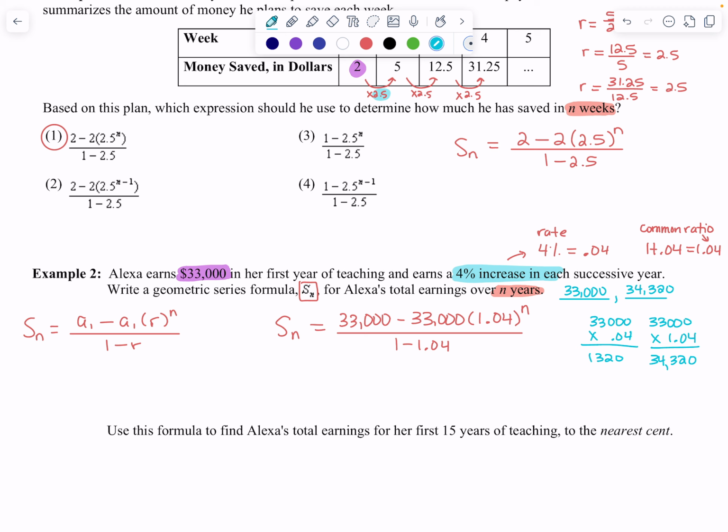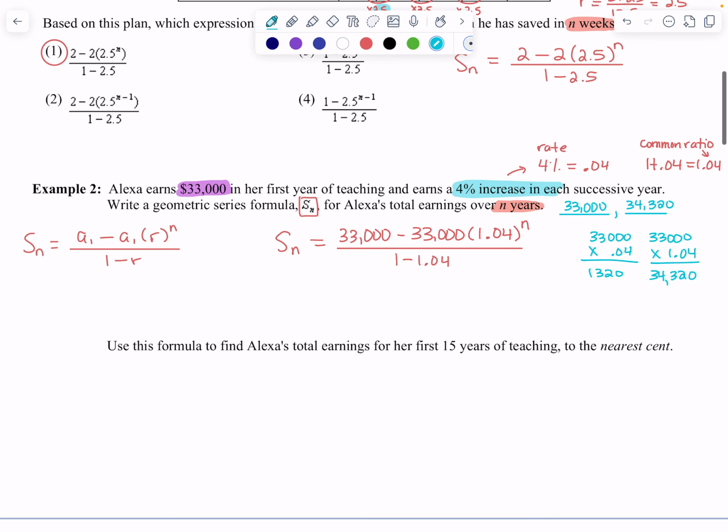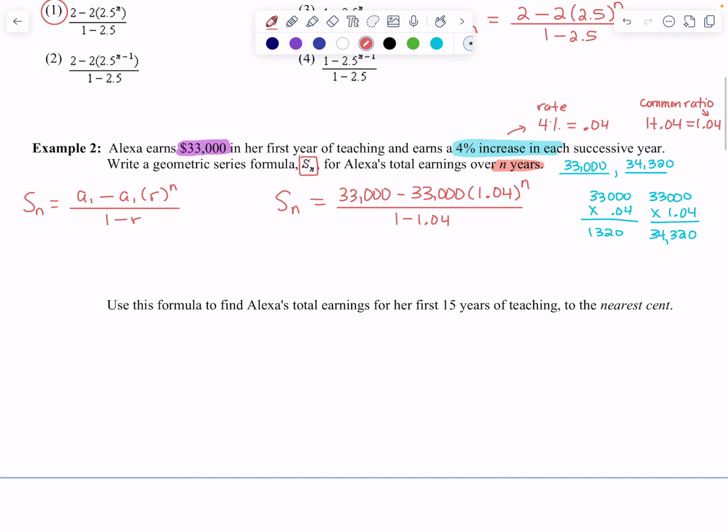Okay, then it goes on to say, now use this formula to find her total earnings for her first 15 years of teaching to the nearest cent. So nearest cent, remember that's hundredth, 2 decimal places. And now we're just going to plug in.